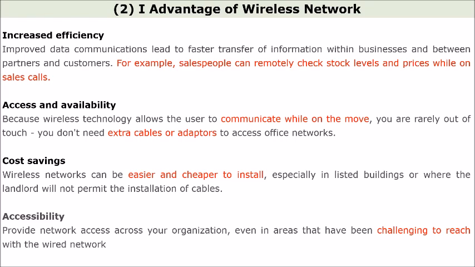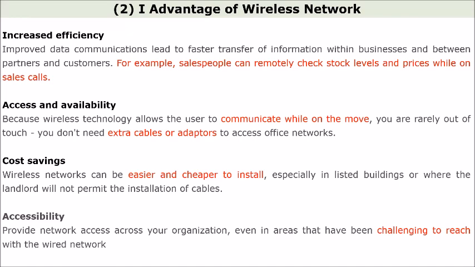Under access and availability, they are saying that because wireless technology allows the user to communicate while on the move, you are rarely out of touch. You don't need extra cable adapters, right? Those are the major points you want to remember under access and availability.